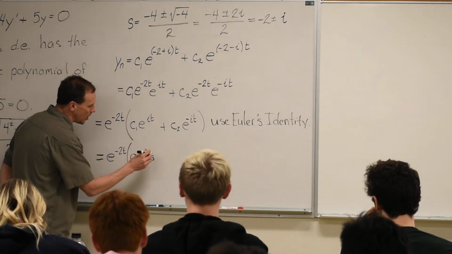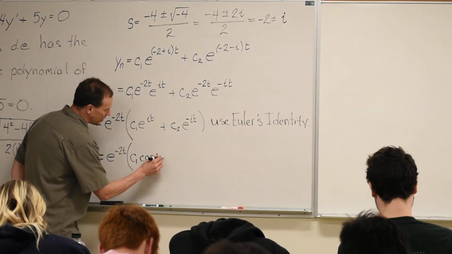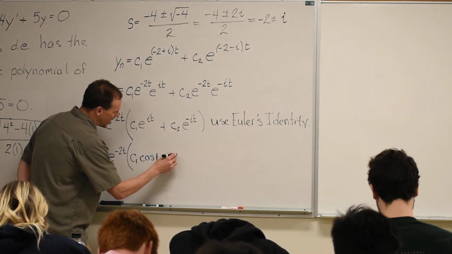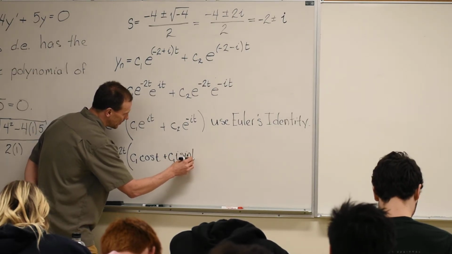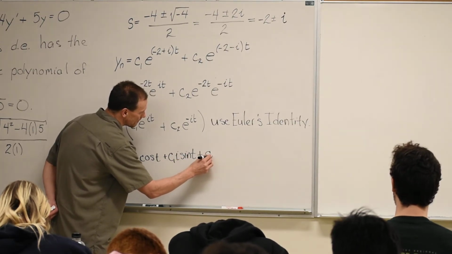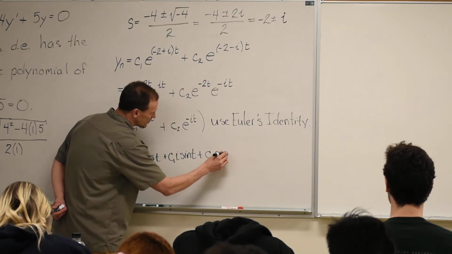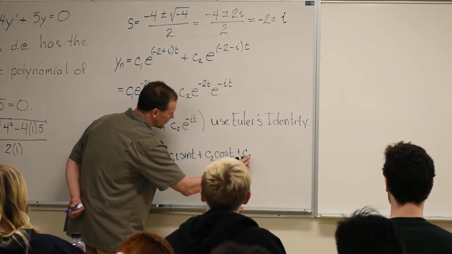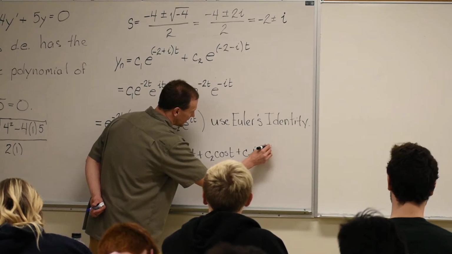Omega is just 1, so this is just cosine t plus C1 i sine t plus C2 cosine t plus C2 i sine t.